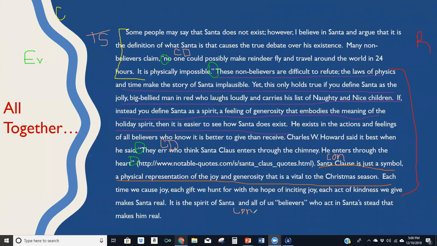And so by writing this format, where you have a counterclaim as your topic sentence, and you provide an evidence, and then you give a concrete detail and evidence for your rebuttal, and then you have commentary, and then you have a concluding sentence, you've created a strong paragraph, and you have added in your counterclaim and your rebuttal. Okay?